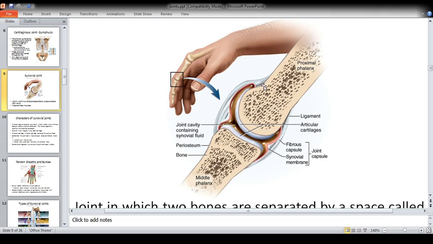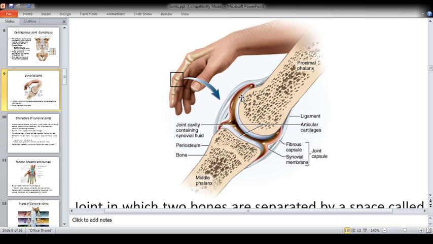What can we see here? We can see a capsule-like structure that surrounds this joint. This capsule is made up of fibrous tissue, of collagen fibers. These collagen fibers are very sturdy.